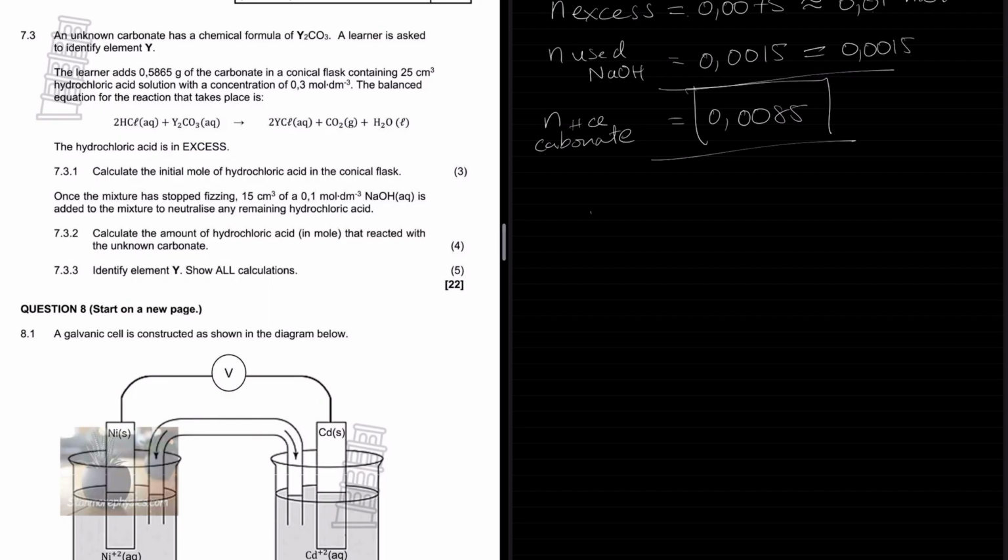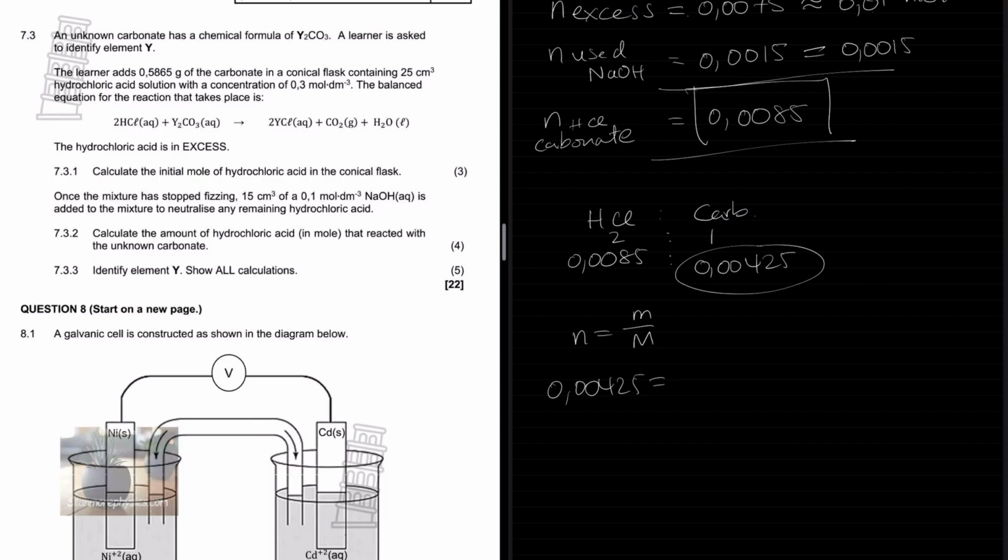Then we do the mole ratio. So HCl to the carbonate, 0.0085, and it was 2 to 1. So that means this will be 0.00425.